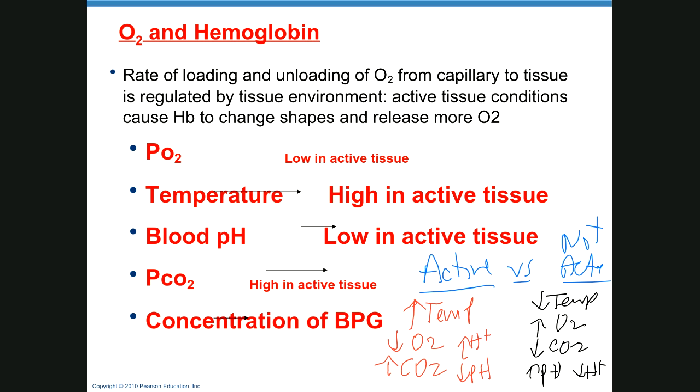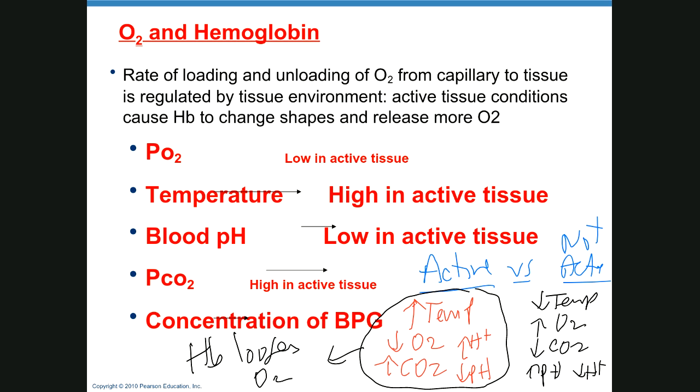Under conditions of high temperature, low oxygen, high CO2, low pH, hemoglobin changes its shape and gives up more oxygen. Under conditions of lower temperature, high oxygen, low CO2, high pH, hemoglobin retains the oxygen.